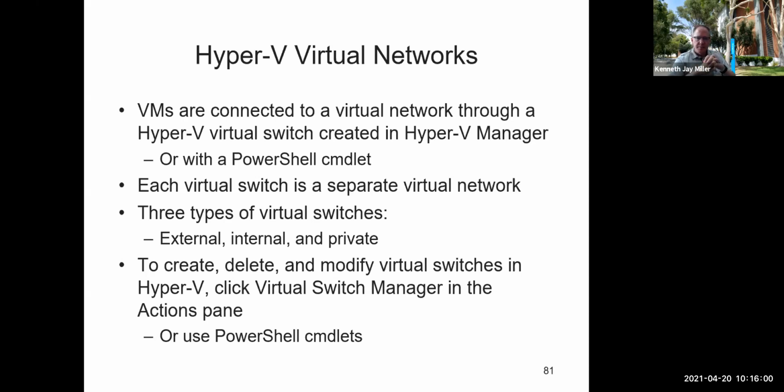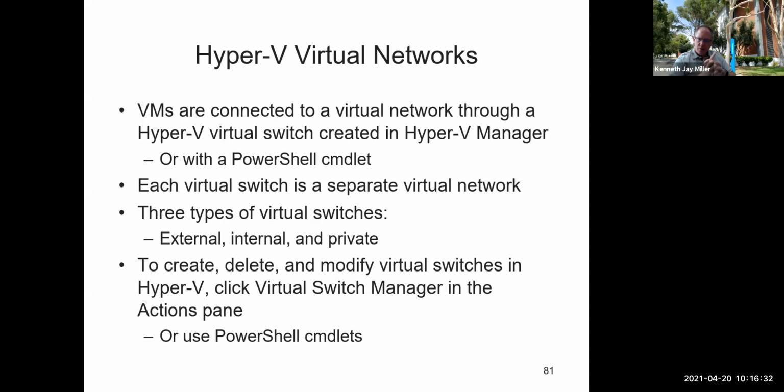Now there are 3 types: an external, an internal, and a private. An external switch must be a 1-to-1 ratio with an actual network connection on the server. Now on our machines, we only have one Ethernet connection that's actually connected. All the other ones will show up, but they're not connected to anything.